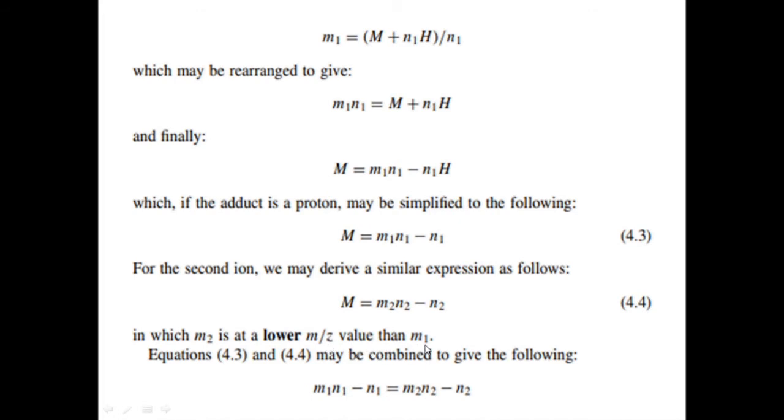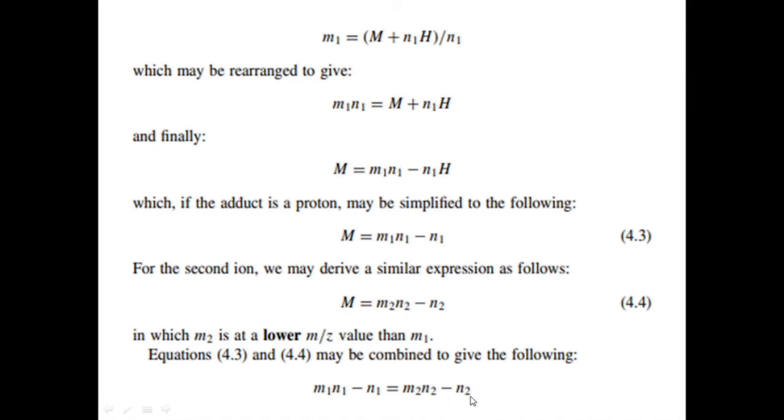Equations 4.3 and 4.4 may be combined to give the following: m1 n1 minus n1 is equal to m2 n2 minus n2.